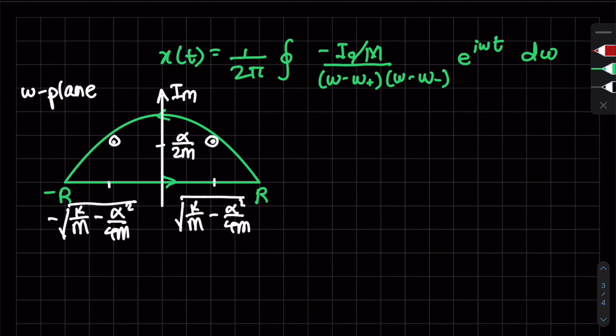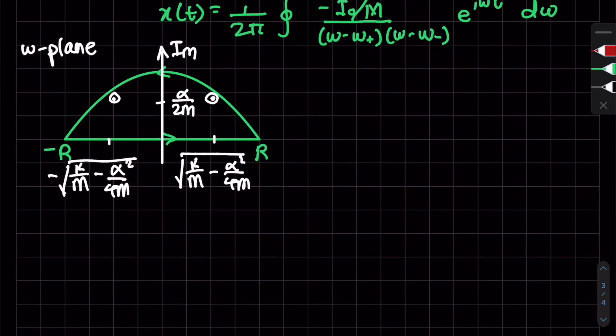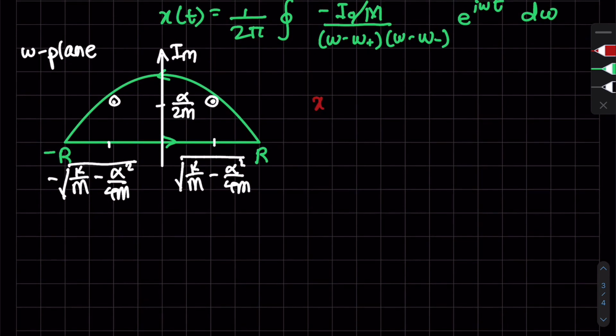Now if we invert everything, x of t is going to be, well, you're going to close this way for t greater than 0, we know that, and then close in the bottom for t less than 0.